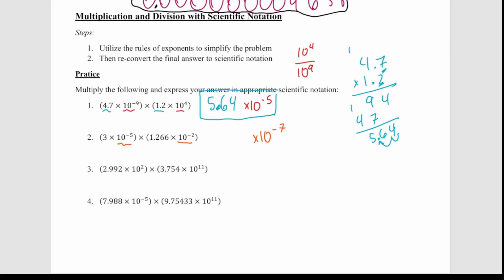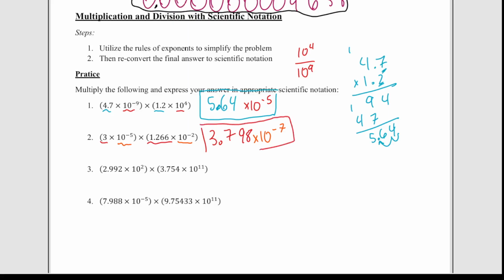And then I'm a little bit lazy today, so I'm going to do 3 times 1.266 off to the side here, and that is going to give us 3.798, and that again already is in scientific notation, so we are good to go. Had it not been, we would have done a little bit more converting.